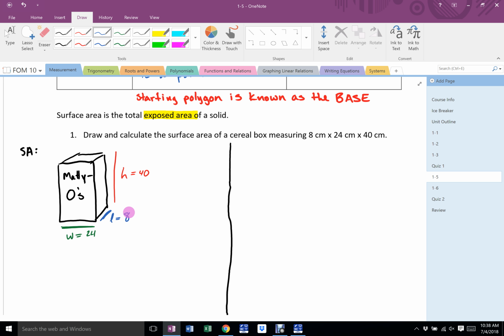All right? Now, so what is this made up of? We already know it's made up of rectangles, yes? There's this rectangle, and there's how many of them? Times 2. There's this rectangle, and there's how many of them? Times 2. And there's this rectangle, and there's how many of them? Times 2. So all you got to do for surface area is find all the surfaces.